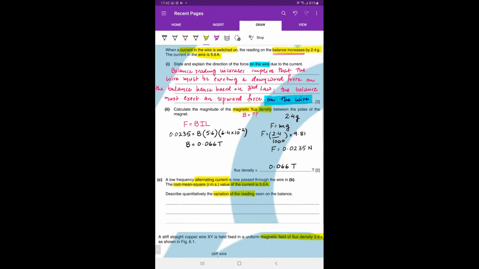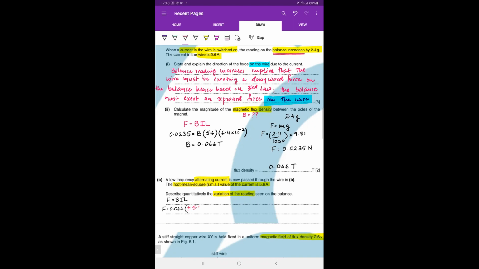Technically it's the same question here. So the two changes which I need to make, let's break down the working. I'm using the same formula, F is equal to BIL. B will remain the same. I'm switching the current and putting plus minus as well. Look at the red ones again.